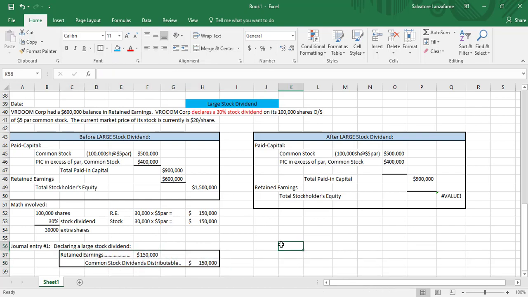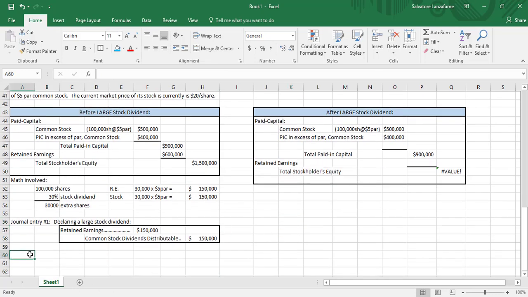Journal entry number 2, get rid of the bull. Let's pay out, in essence, or distribute the actual dividend. So journal entry number 2, we're going to distribute the large stock dividend. And how do you do that?